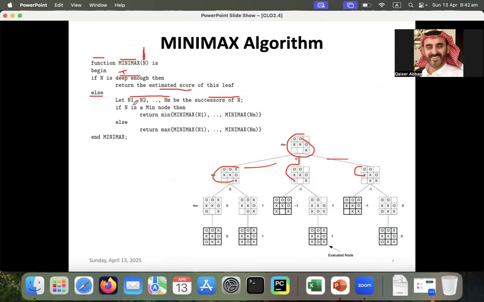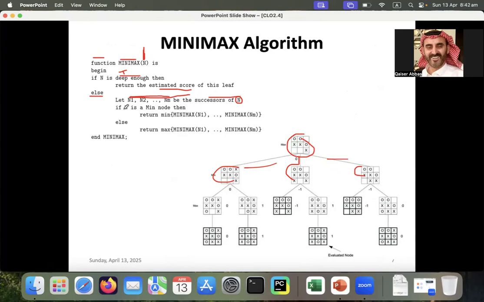The successors are the neighboring nodes which are coming next. You will find those nodes and write them here. So we are calculating the next successors of this node n.